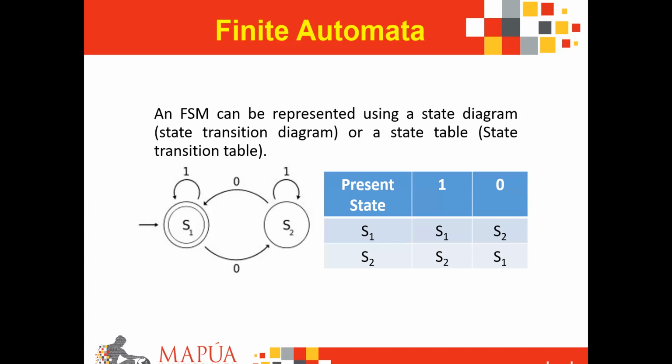The values inside the respective cells are the respective next states. So as seen in this diagram, these are your present states, while these corresponding states are your next states depending on your input, which is either a 0 or a 1, since this particular finite state machine implements a digital circuit.